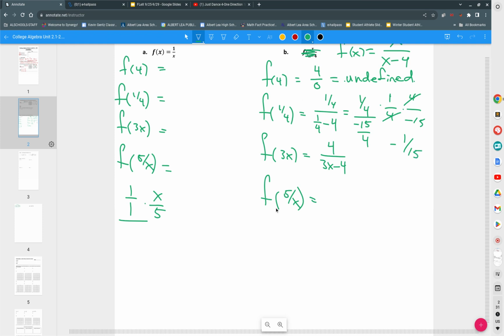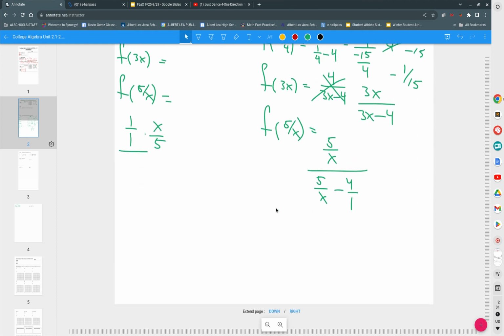Okay, f of 3x, you just plug in the 3x. Man, wow, made all sorts of mistakes today. So you get 3x over 3x minus 4. And then the last one, you get 5 over x, over 5 over x minus 4. And notice in this situation, again, you have a complex fraction.